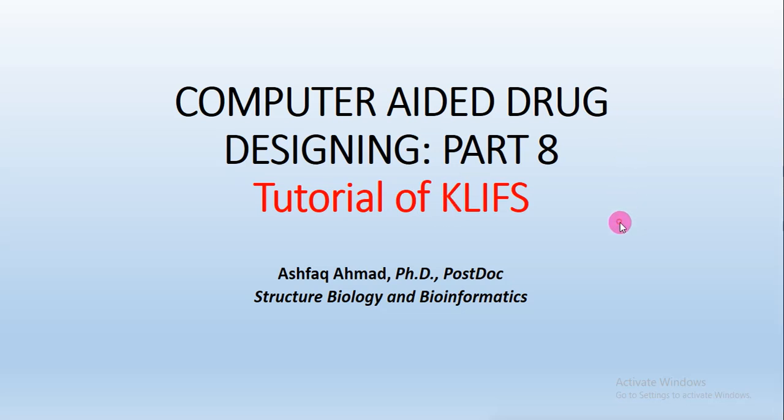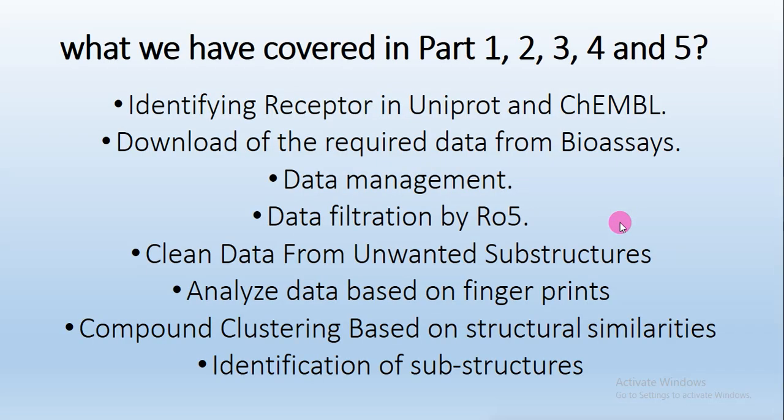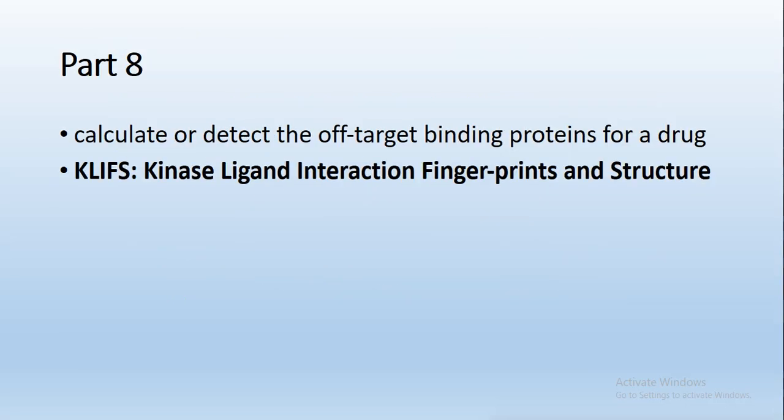So far we have covered all these topics, not only from the literature point of view, but we have covered how we will be able to do it practically. So I will not discuss them anymore.